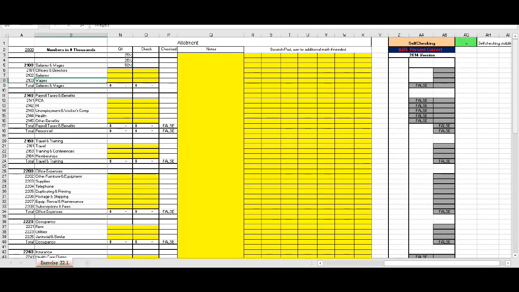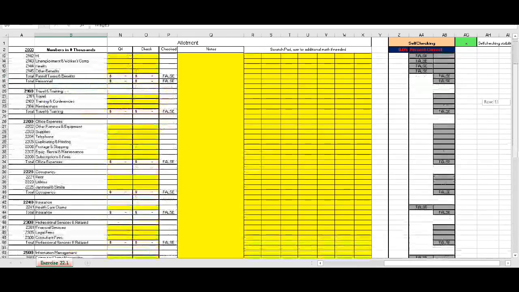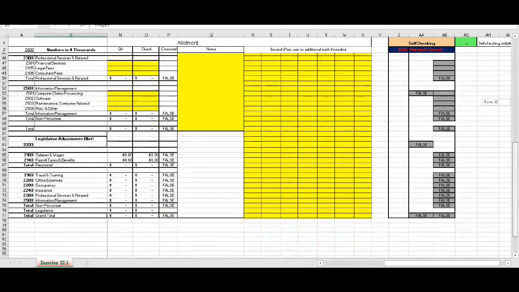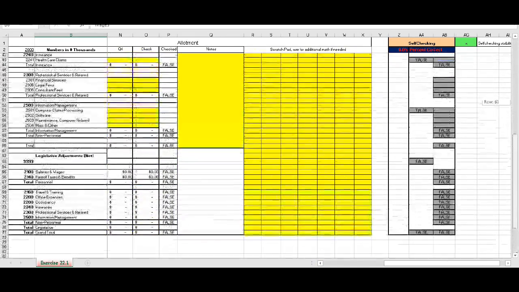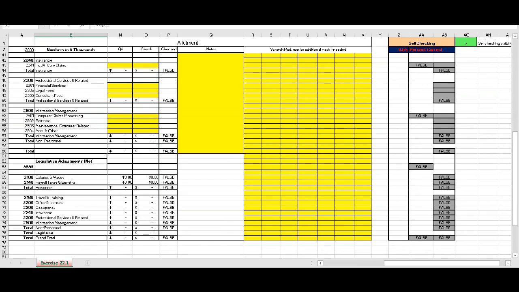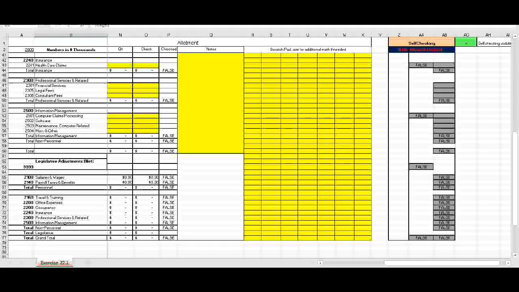In a net zero budget, this spreadsheet's been designed so that you can wander down here, and right here where it has the net legislative adjustments, that's where that stuff's going to show up. That actually has to be essentially zero.